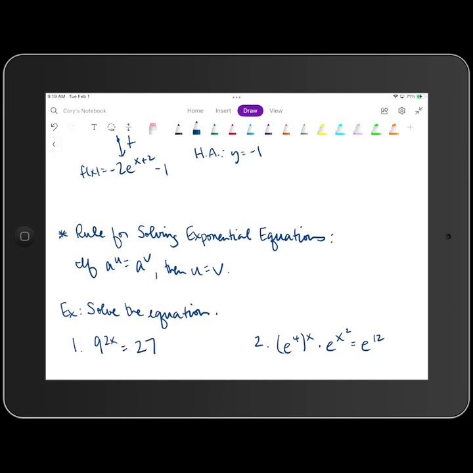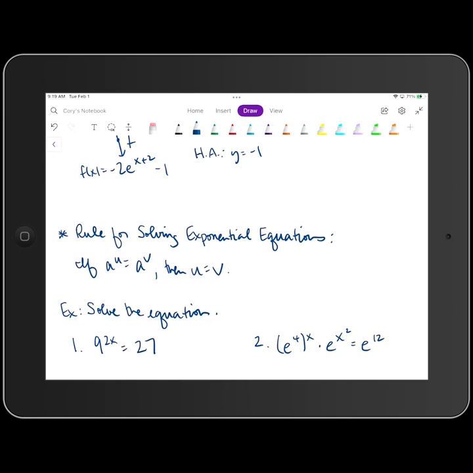If we can get both sides of our equation written as a single exponential function that shares the same base, then for those two exponential functions to be equal, their powers have to be equal. So u needs to be equal to v.